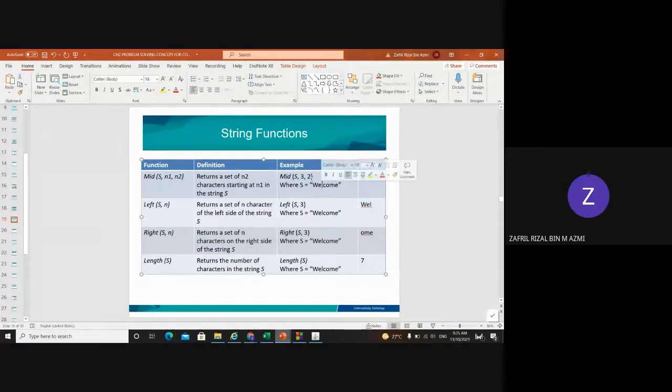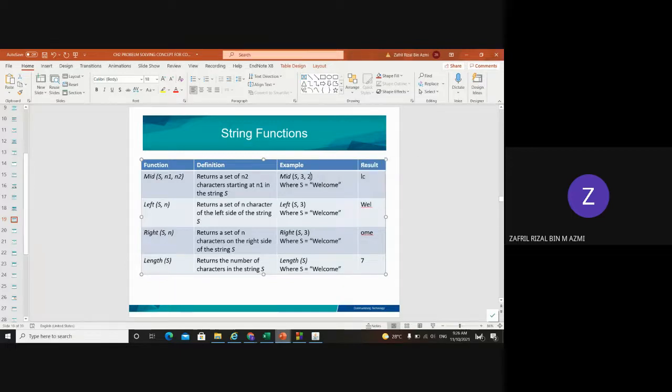So n2, what is n2? n2 is 2 characters starting from L. 1, 2.